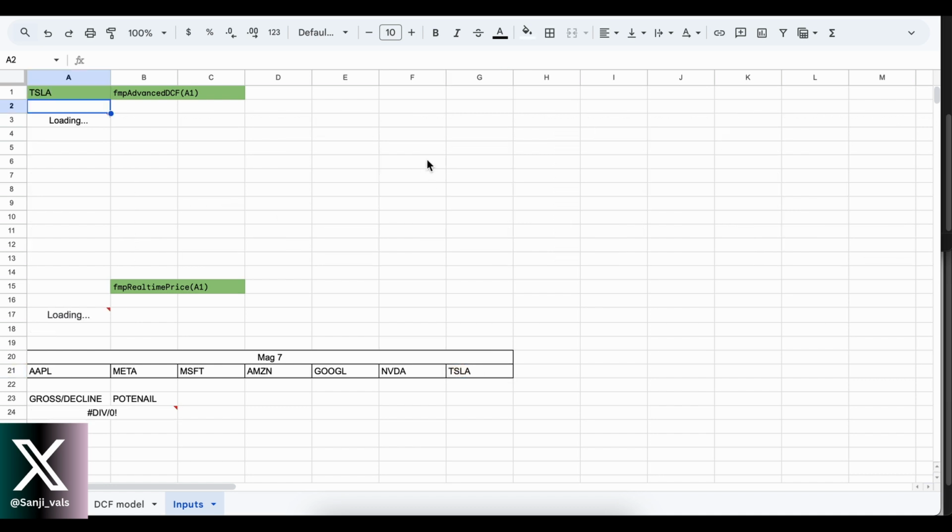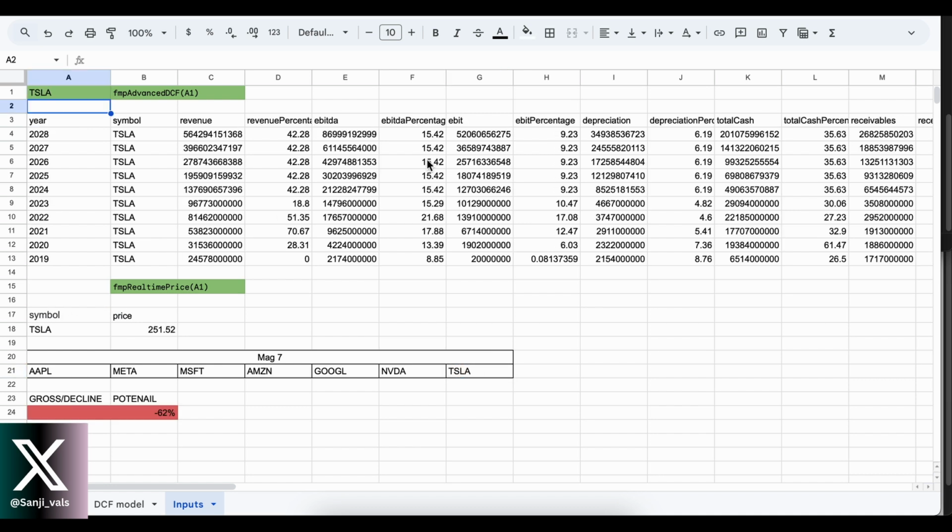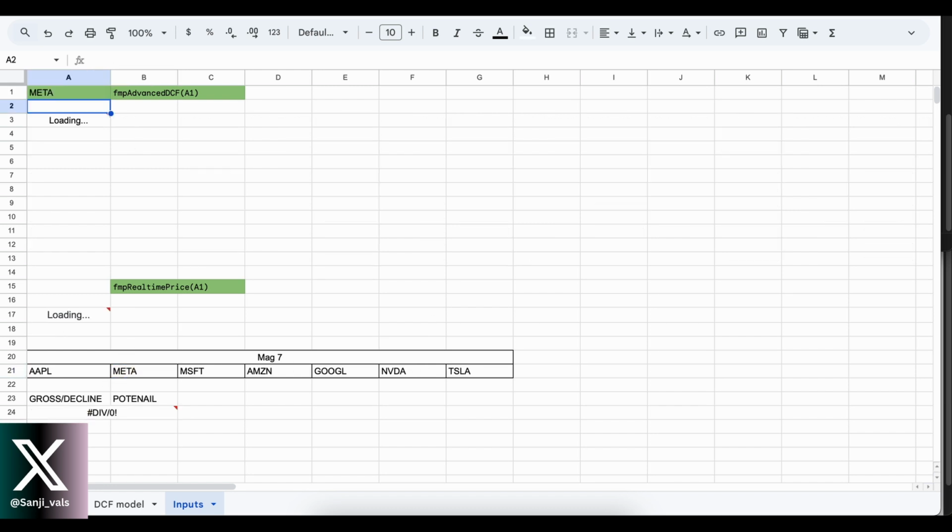Finally, the last stock among the Magnificent 7 has 62% decline potential, but let's see how it will perform. I like that Tesla is showing great free cash flow improvement, great free cash flow dynamics for the second quarter in a row.